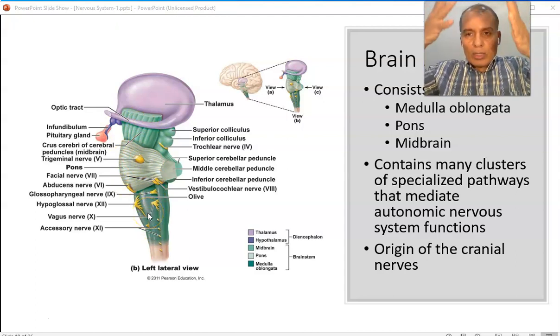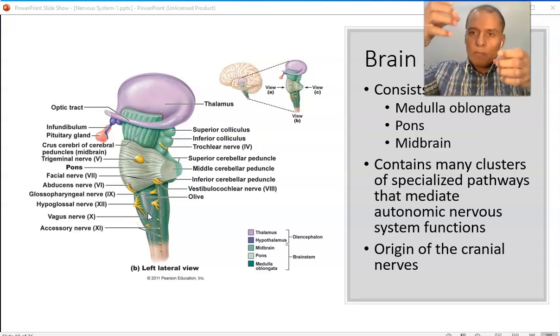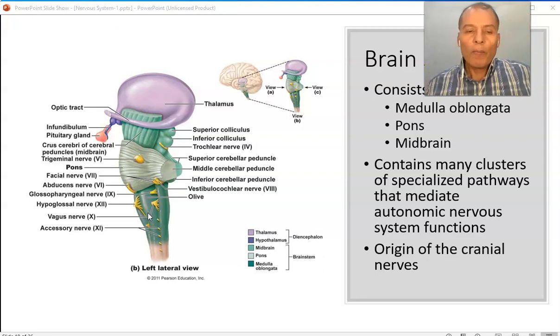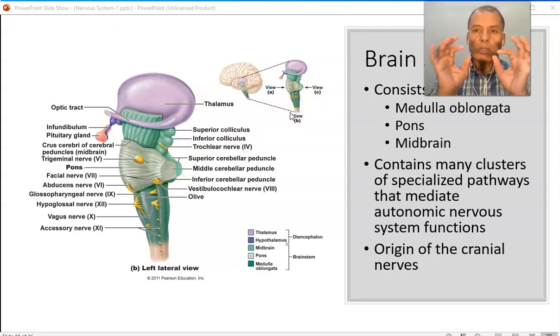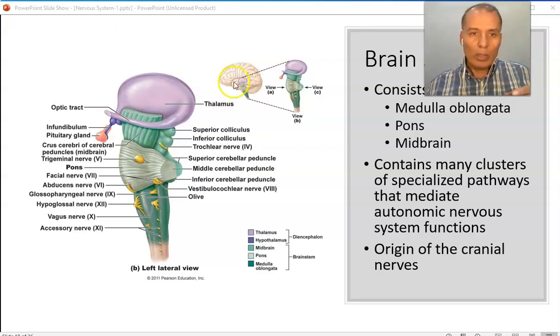They are really continuous with each other. They are bundles of pathways. Some bring motor information down, and some bring sensory information up. And one of the cables called peduncles comes out of the cerebellum.